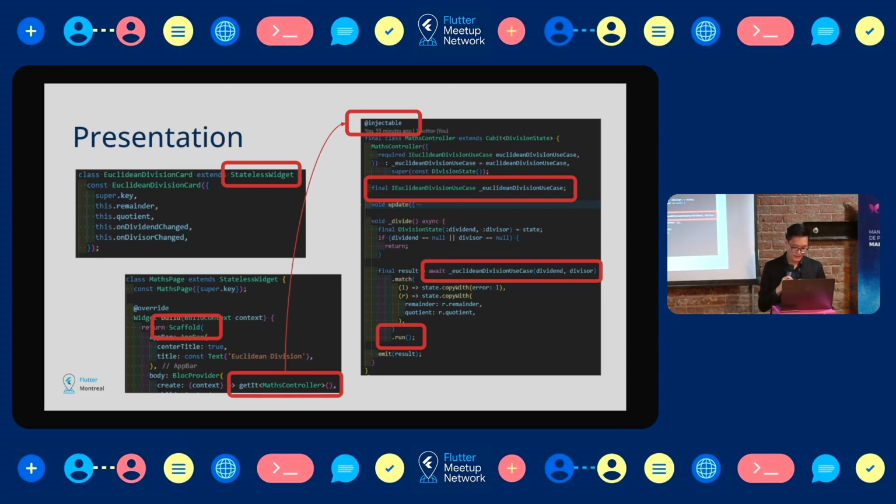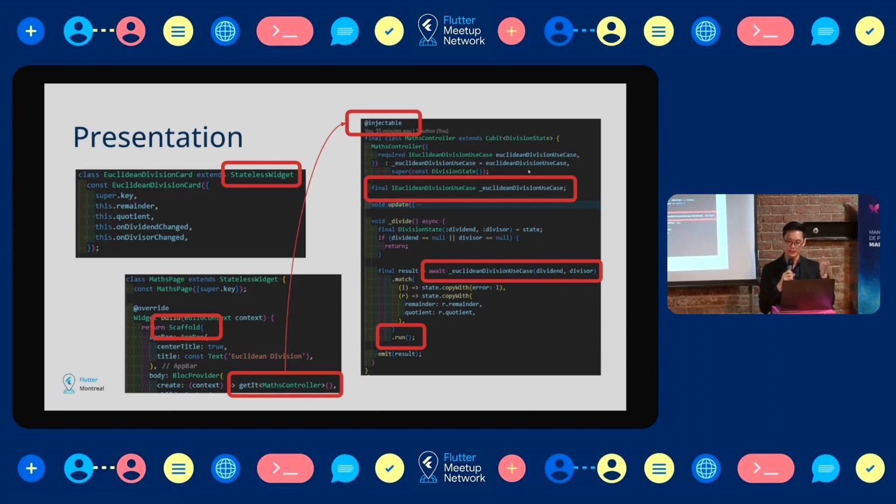So I talked about injection earlier. Each layer will have injection. For example, the controller will be the first one who has it. And actually, I'm using a library, getIt. From the type, I can just inject it, and then it will also fill up everything needed inside.